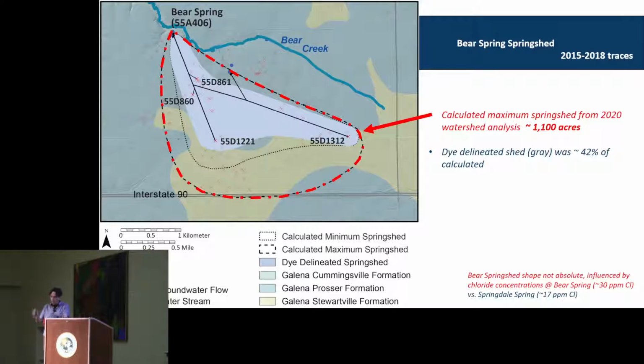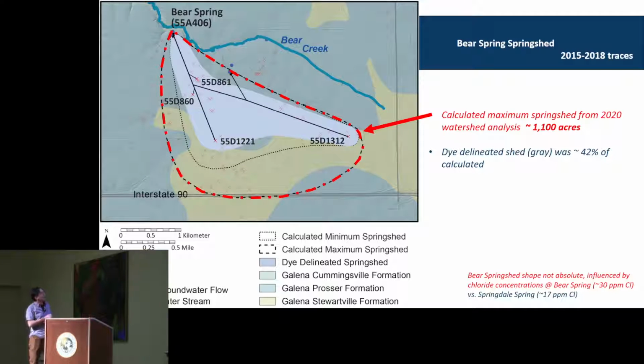We knew what was falling on the spring shed. We knew what was coming out at the spring, and then we used some watershed yield numbers, basically curve numbers, to figure out a maximum and a minimum spring shed size. And so what you're looking at here are the minimum size based on that watershed calculation and our maximum size based on that calculation.